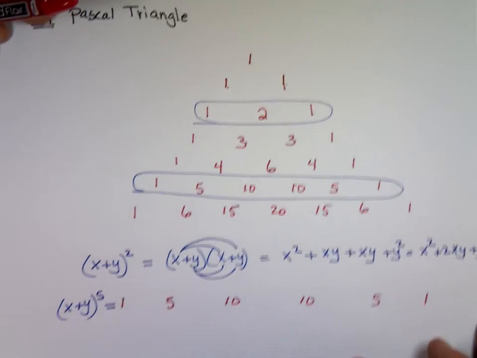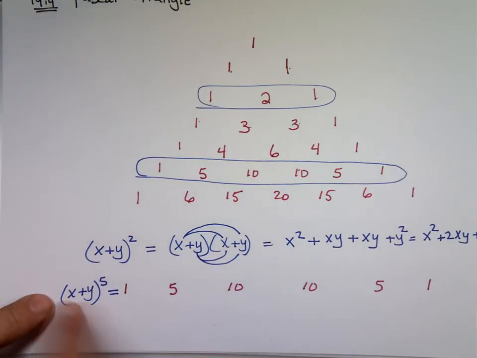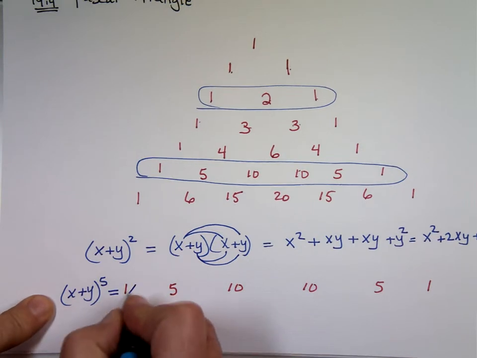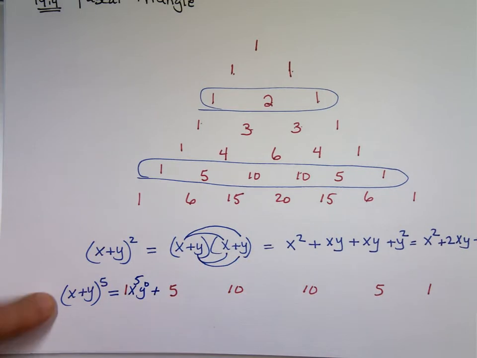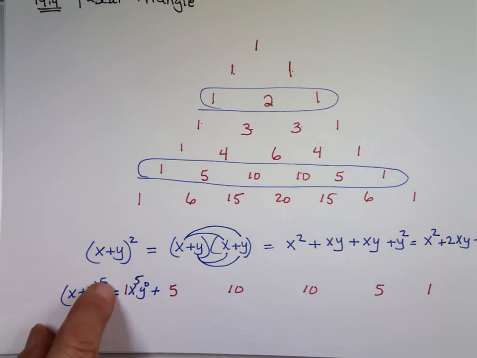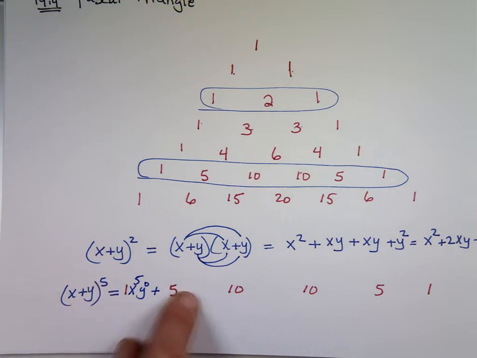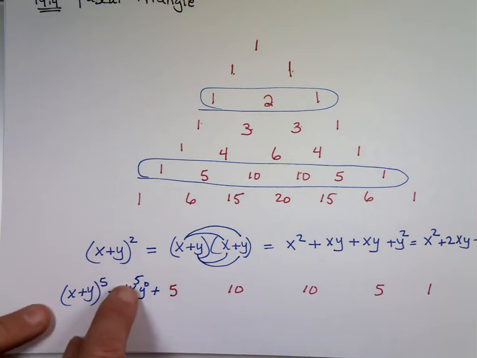And we're going to start with x raised to the 5th power, y raised to the 0 power, plus. So you start with this one being raised to that number, and this is to 0. And after that, each time you decrease 1 from x, and you increase 1 for y.